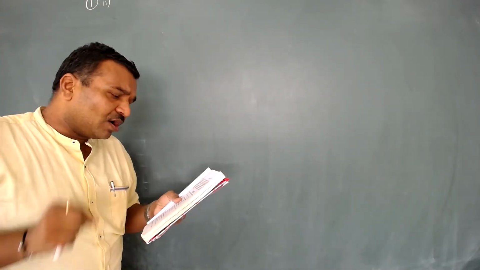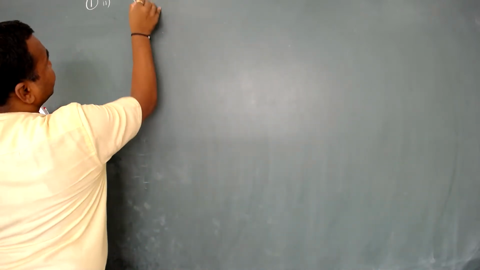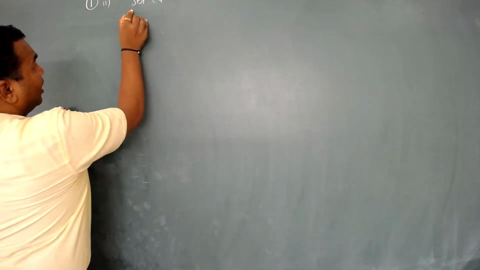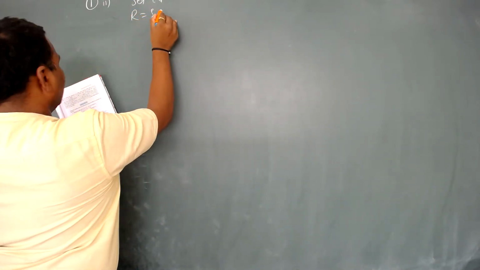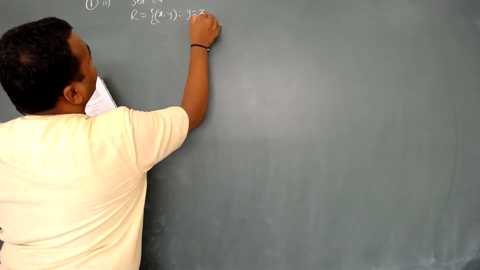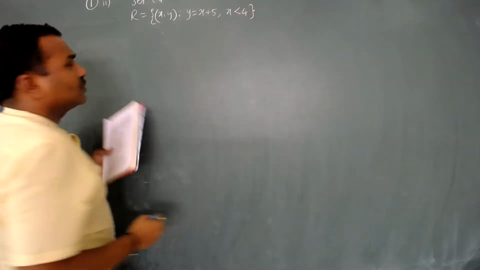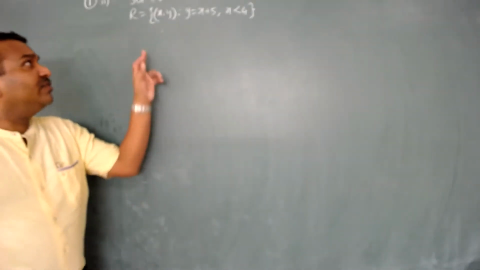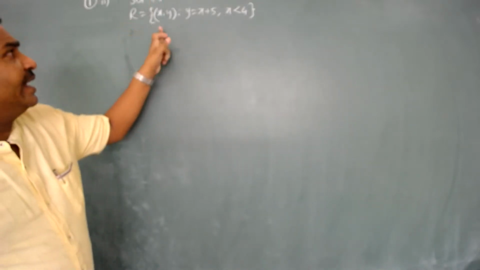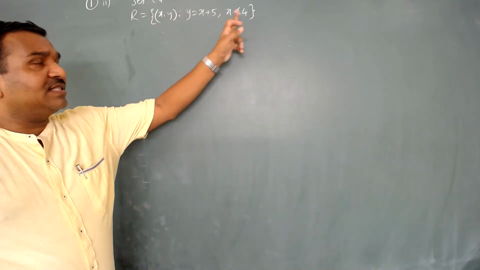R is a relation on the set of natural numbers, defined as R equal to x comma y such that y is equal to x plus 5, where x is less than 4.